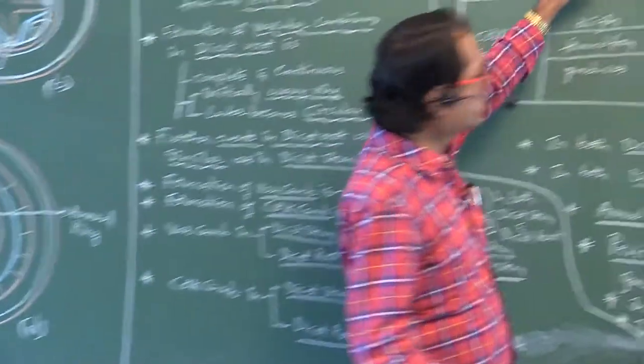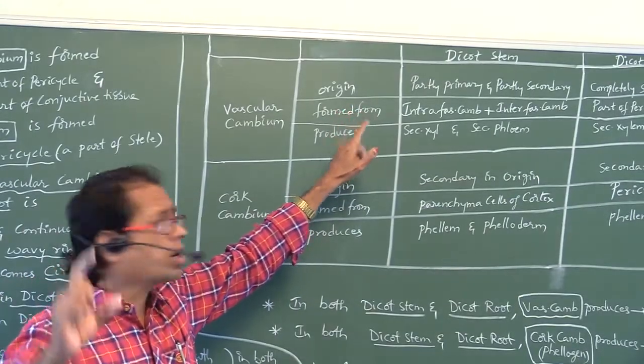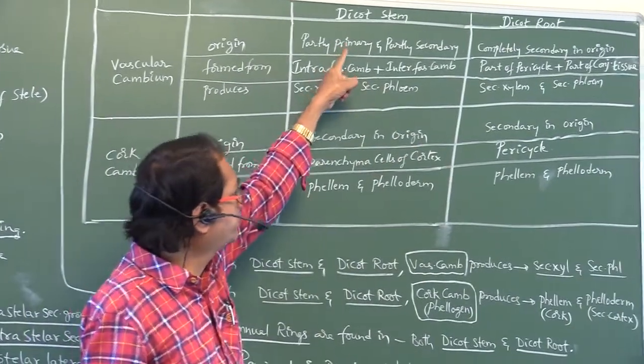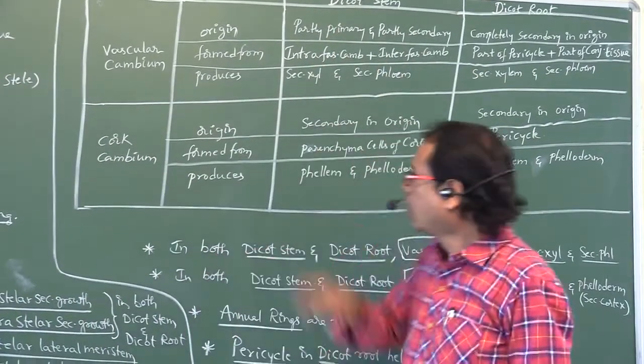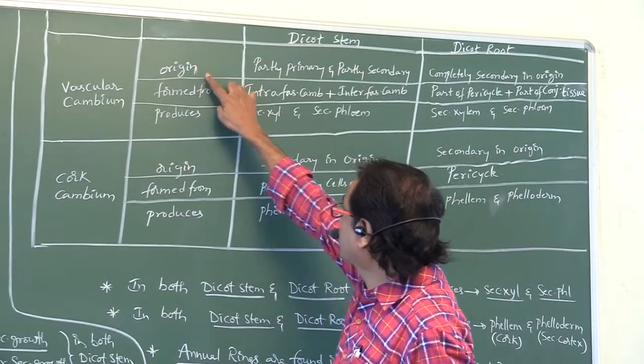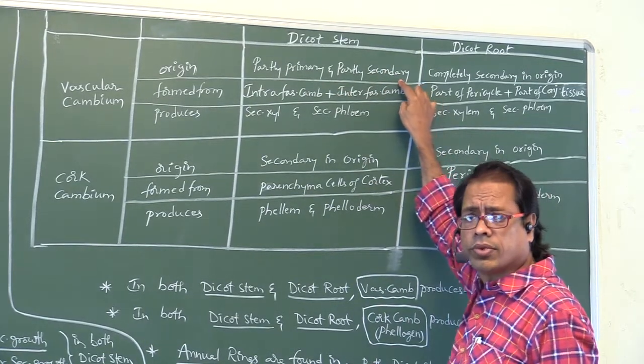Now look here. This is the tabular form, my dear students: comparison between dicot stem and dicot root. Vascular cambium in dicot stem is partly primary and partly secondary in origin. Why?